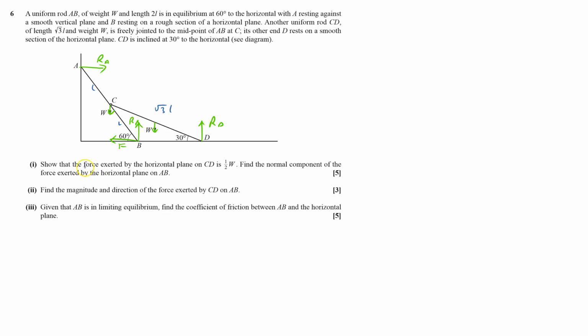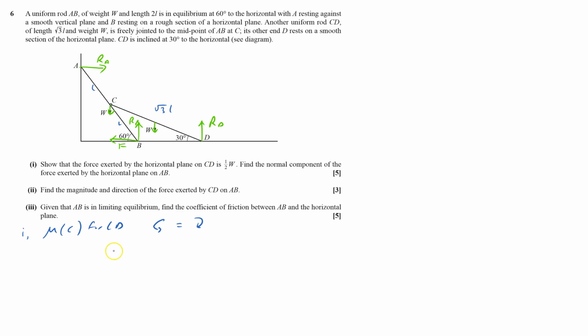Right. Show that the force exerted by the horizontal plane on CD is a half W. So I've got to show that RD is a half W. Obviously it's going to be moments, because I don't know what this force is here. So I'm going to have to take moments about C for CD, and I'm going to have anti-clockwise equals clockwise.